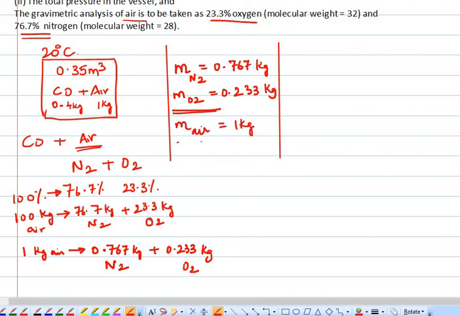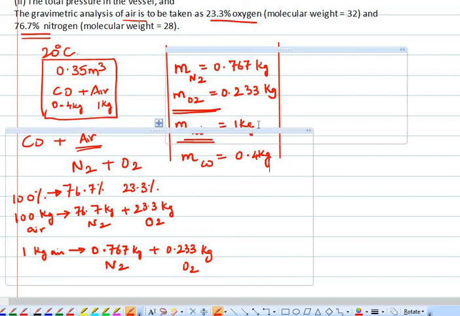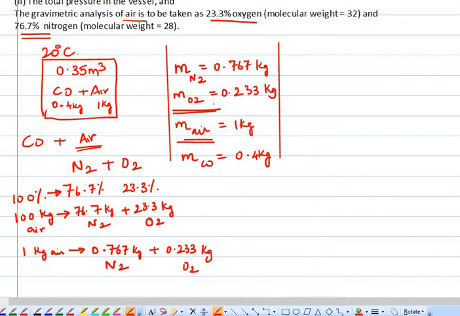The mass of carbon monoxide is given as 0.4 kg. The volume is given as 0.35 meter cube and the temperature is given as 20 degrees Celsius. To convert to Kelvin you have to add 273.